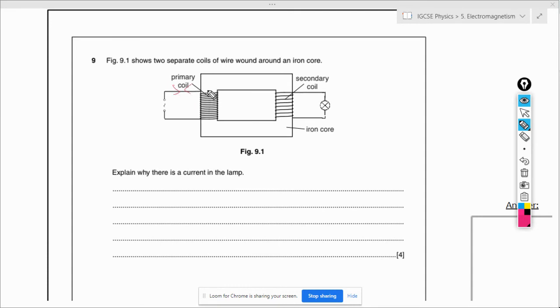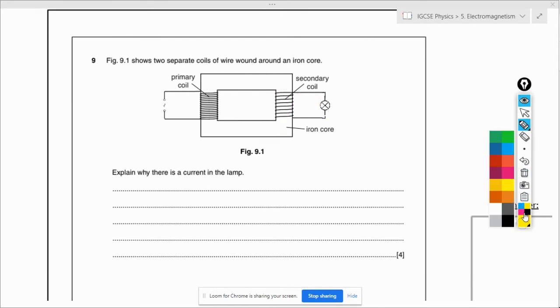That alternating current in the primary coil creates an alternating magnetic field, which is constantly changing. That alternating magnetic field around the primary coil gets focused into the secondary coil by the iron core. And now this alternating magnetic field in the secondary coil induces an alternating current in the secondary coil. And that alternating current in the secondary coil ends up lighting up this lamp, and that answers the question.